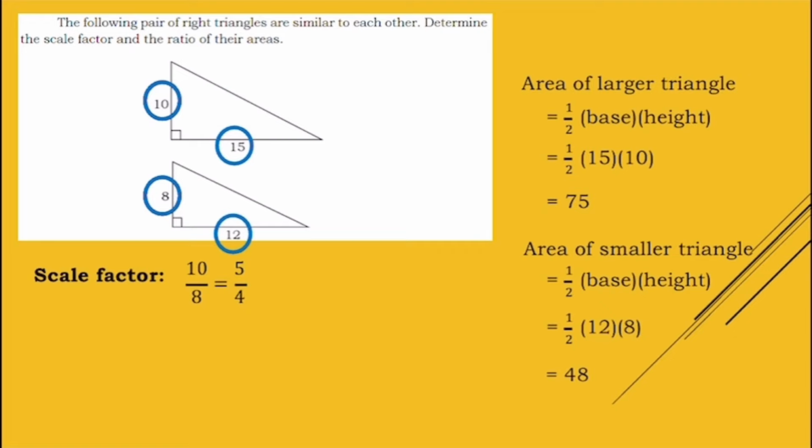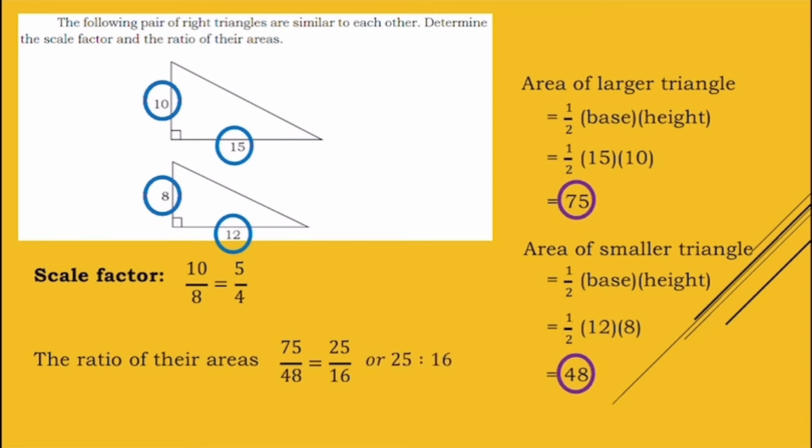Now, let's proceed to the ratio of their areas. By getting 75, which is the area of our larger triangle, and 48, which is the area of our smaller triangle, we have 75 over 48, or if we find the lowest term, we have 25 over 16, or 25 is to 16.